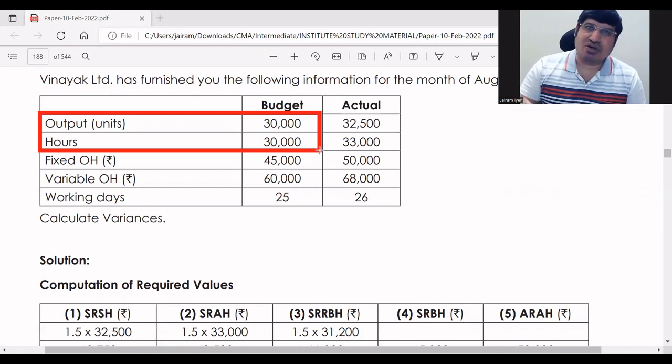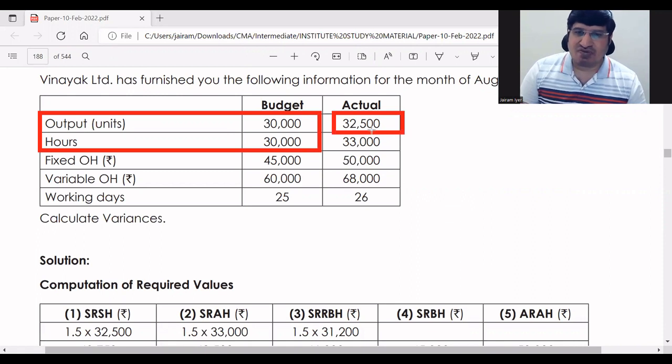Now apply this to your actual quantity, that is 32,500. 32,500 into 1 hour gives you 32,500. This is standard hours of actual quantity. I'm repeating again, how did we get this 32,500? The first step: 30,000 hours for 30,000 units, so for one unit, 1 hour.